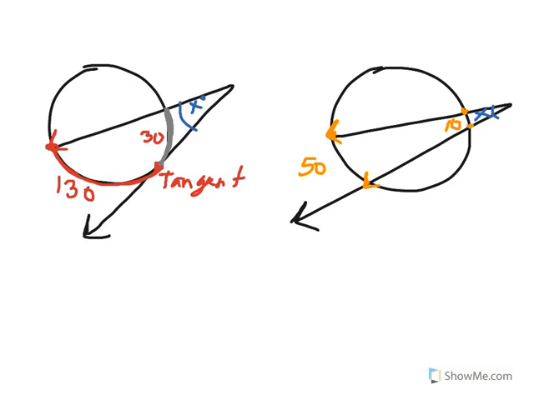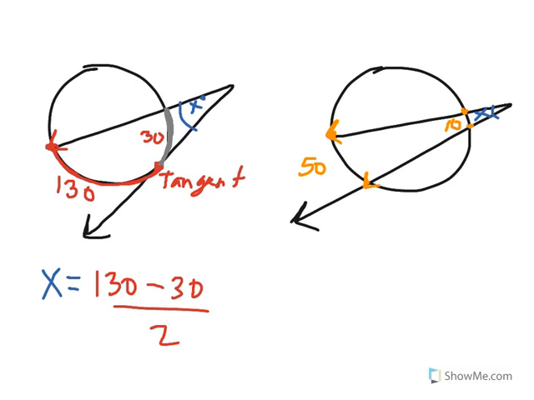Now, if I want to find the angle that makes that happen, here's the relationship between them. That angle x is going to be equal to the big arc, 130, subtract the little arc, which is 30, and divide it by 2.